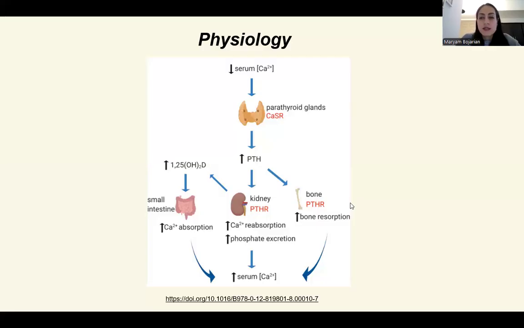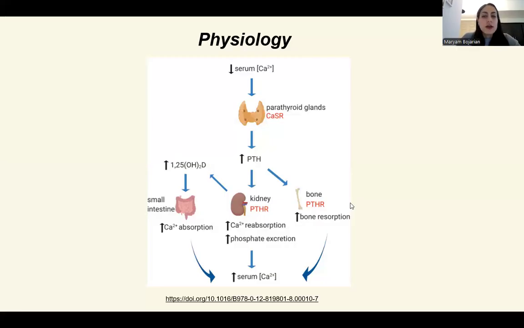It provides feedback inhibition by suppressing 1-alpha hydroxylase, which decreases the level of 1,25 dihydroxy vitamin D and 25 vitamin D. It also raises FGF23. We will talk more about FGF23, which promotes phosphate excretion, suppresses 1,25 dihydroxy vitamin D production, and reduces PTH secretion.